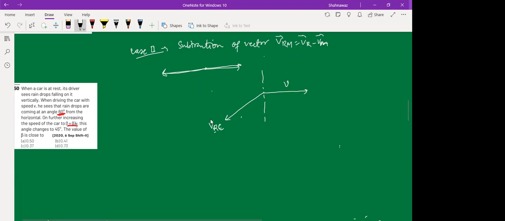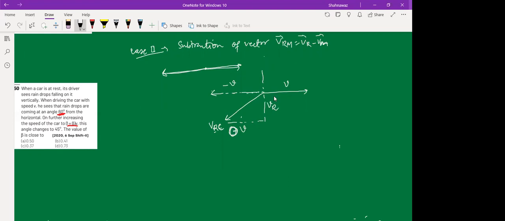And we have to take this direction of velocity. So this is V. Let's ignore this negative part because it only shows the direction, not the magnitude. And this is the velocity of the rain.